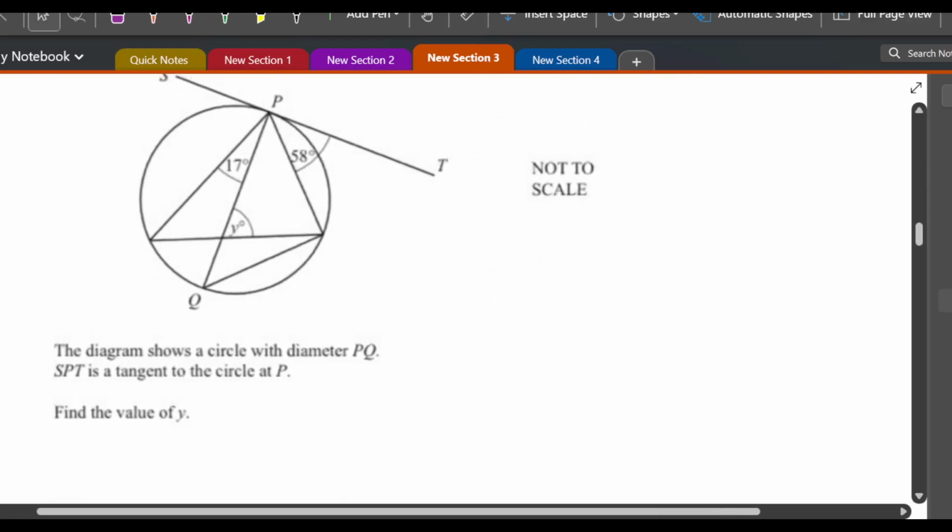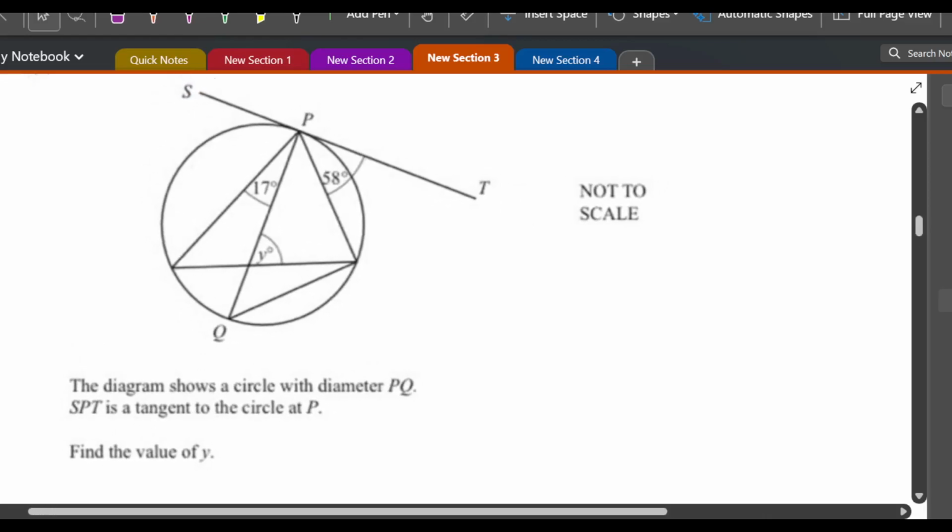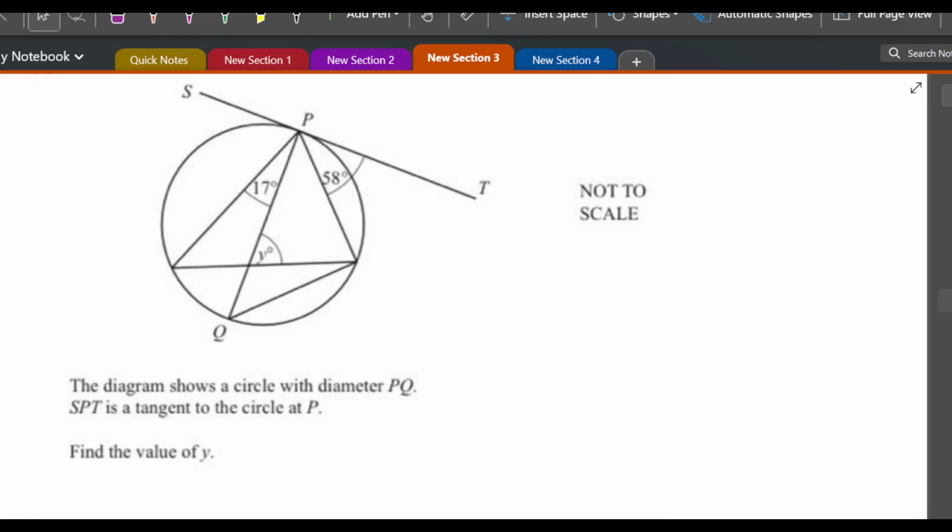Now the diagram shows a circle with a diameter PQ. Diameter PQ is given. SPT is a straight line tangent. Find the value of y. Now, since they said PQ is diameter, I have to use this information. Diameter subtends a 90 degree angle, so this angle is 90 degree.